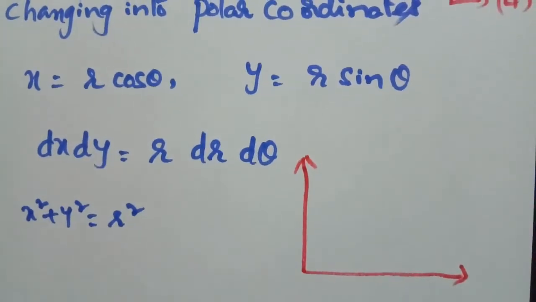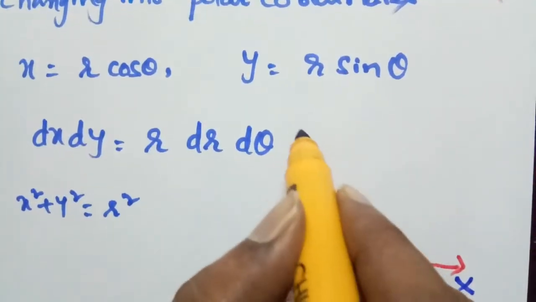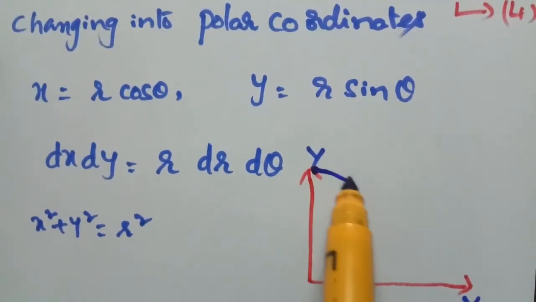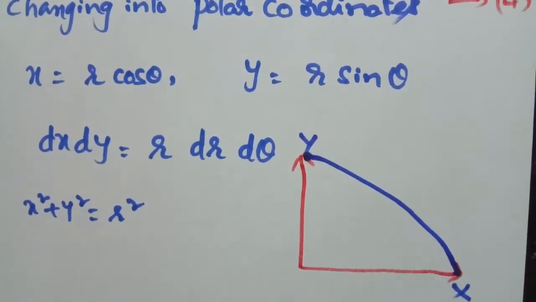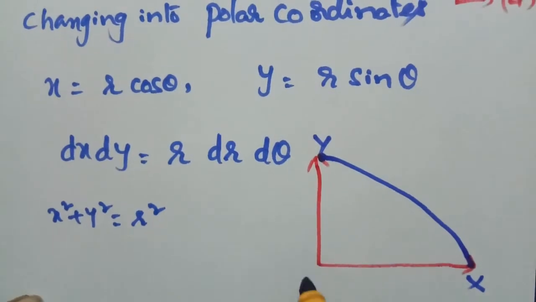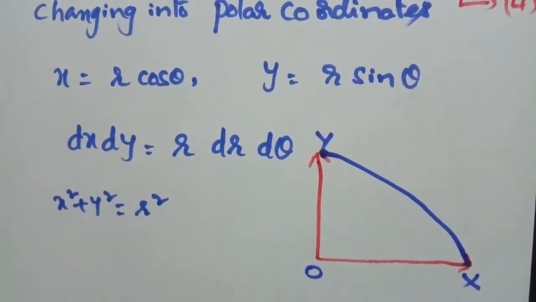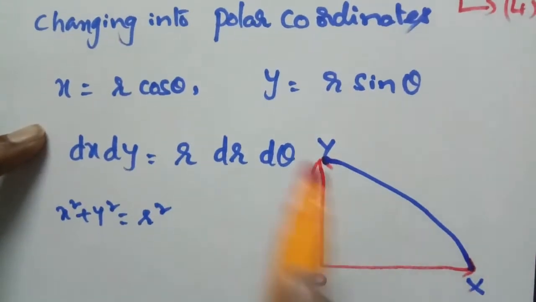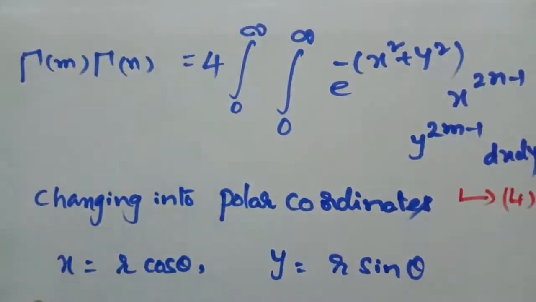X-axis and y-axis. Therefore, in the entire first quadrant, the radius r varies from 0 to infinity, since this is the radius; x varies from 0 to infinity, y varies from 0 to infinity.